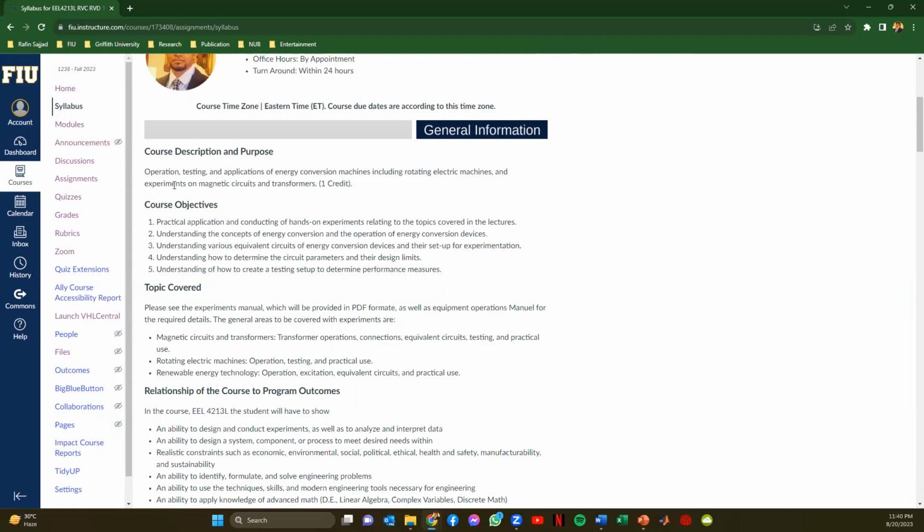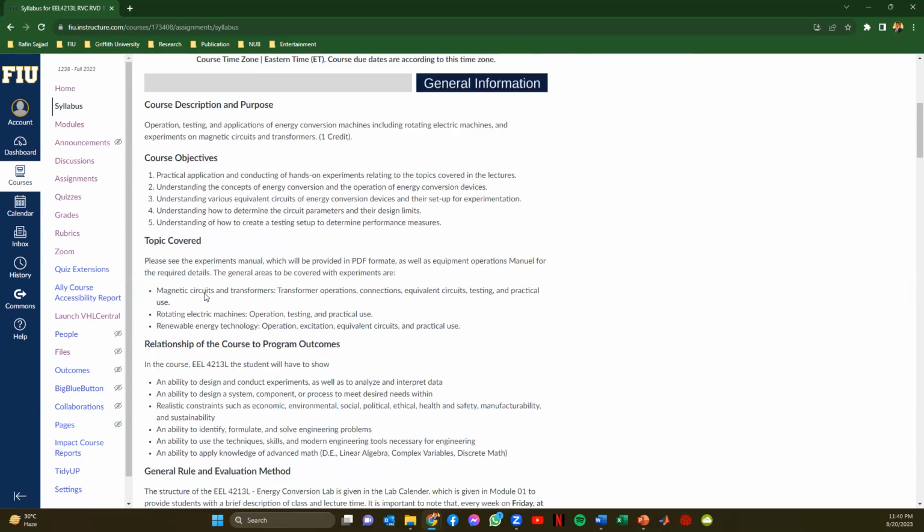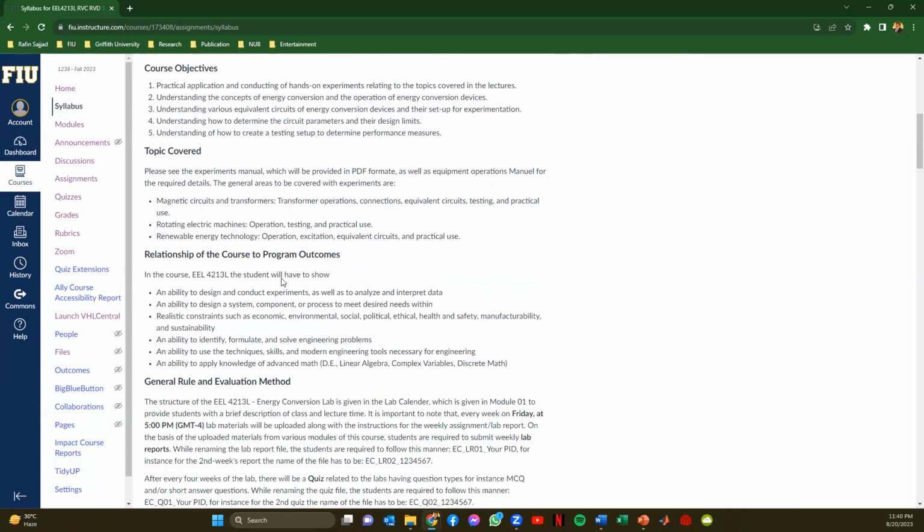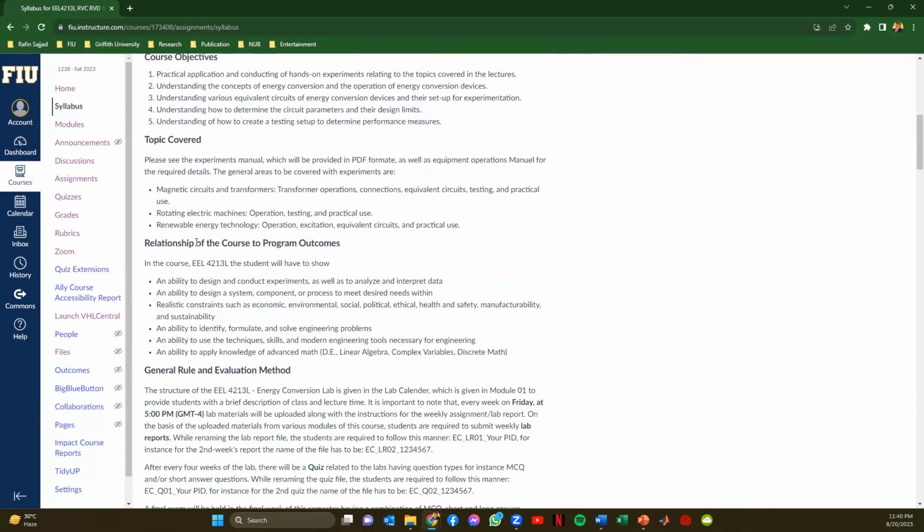Then we have topics covered. What are the topics that we are going to cover? For example, we'll talk about magnetic circuits and transformers, then rotating electric machines. We'll also talk about renewable energy technology. Next is the relation of this course to program outcomes.